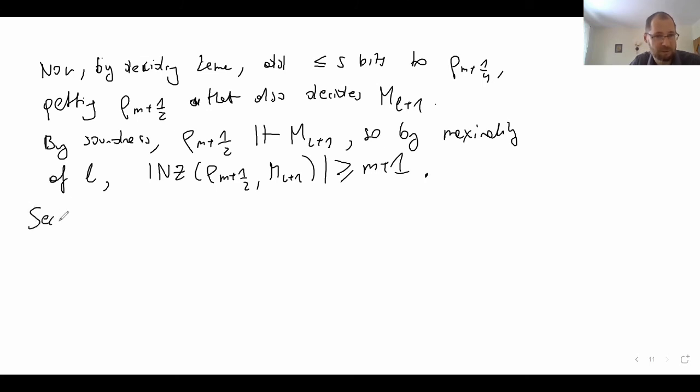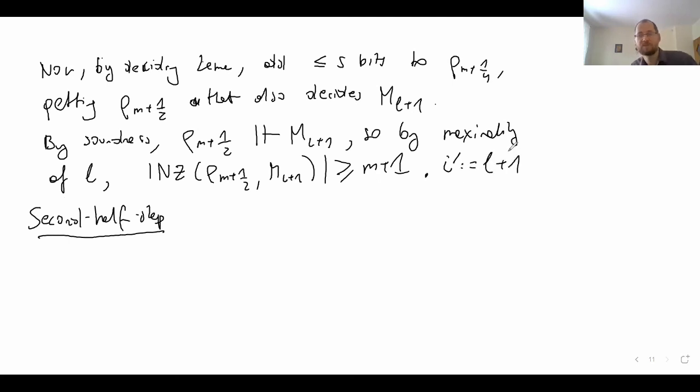So the second half step. We set I prime to be L plus 1. So this is the place where satisfying assignments will have at least m plus 1 non-zeros.